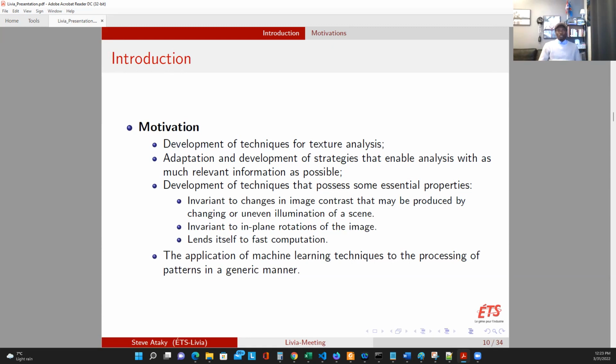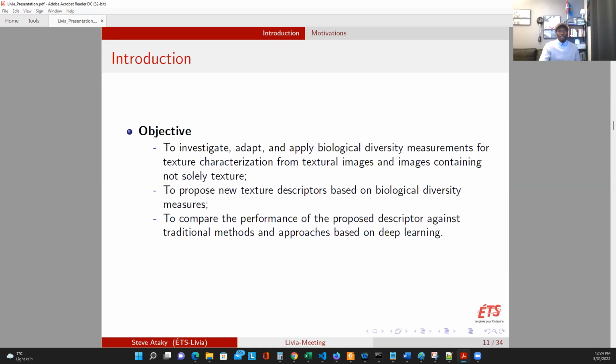And also how we can apply machine learning techniques to the processing of patterns in a generic manner. So now here are some objectives after these motivations.